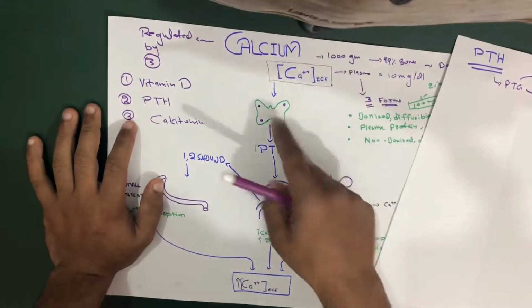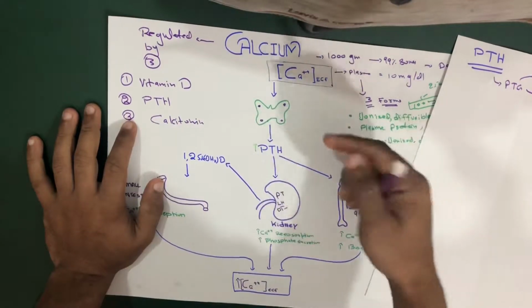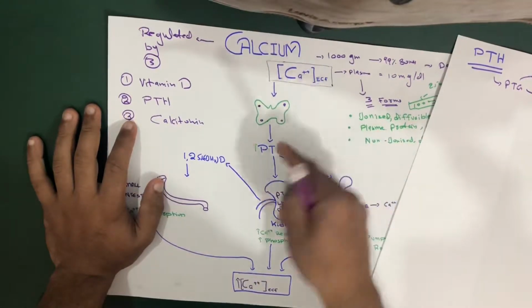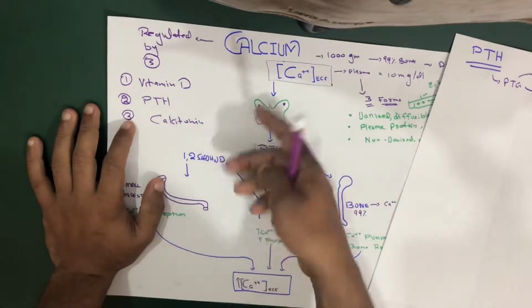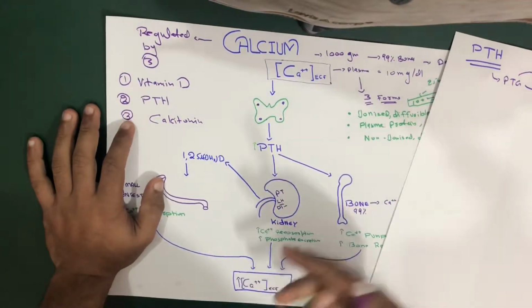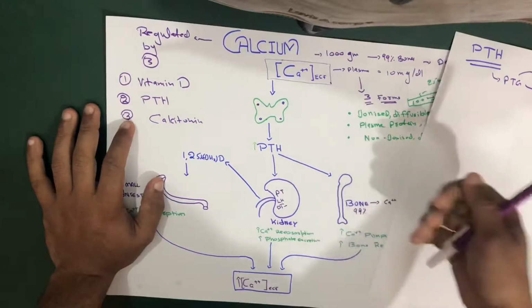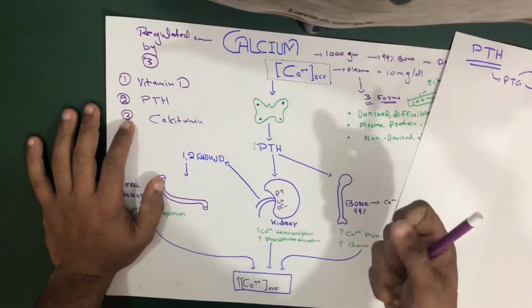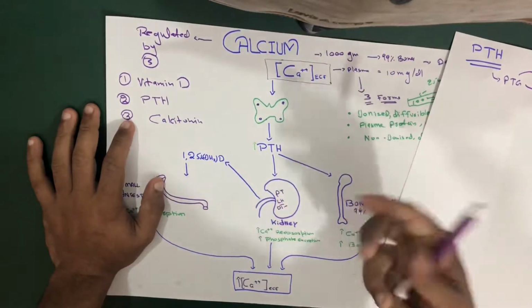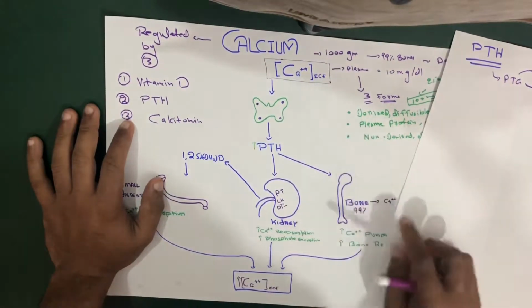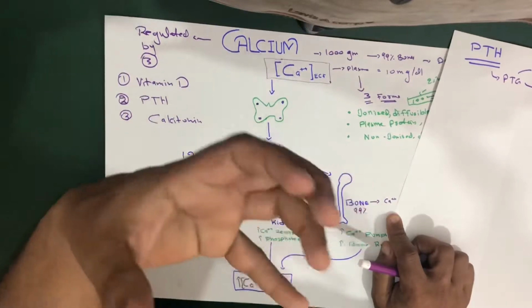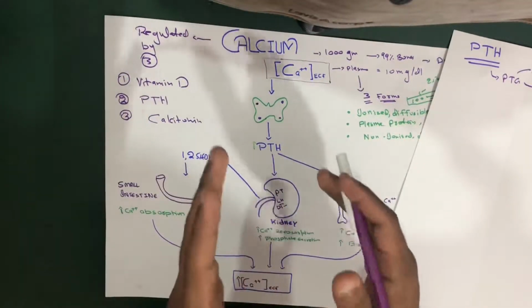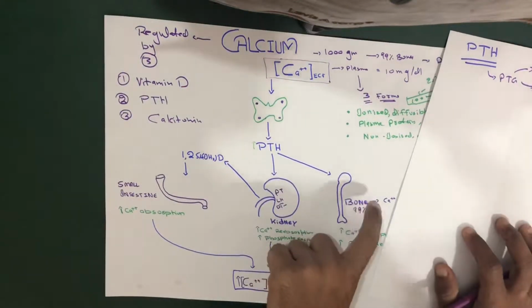When the plasma level of calcium is decreased, the parathyroid hormone is released. It acts on the bones and tells them to release calcium from their reservoirs into the plasma, and in that plasma the calcium level is maintained.